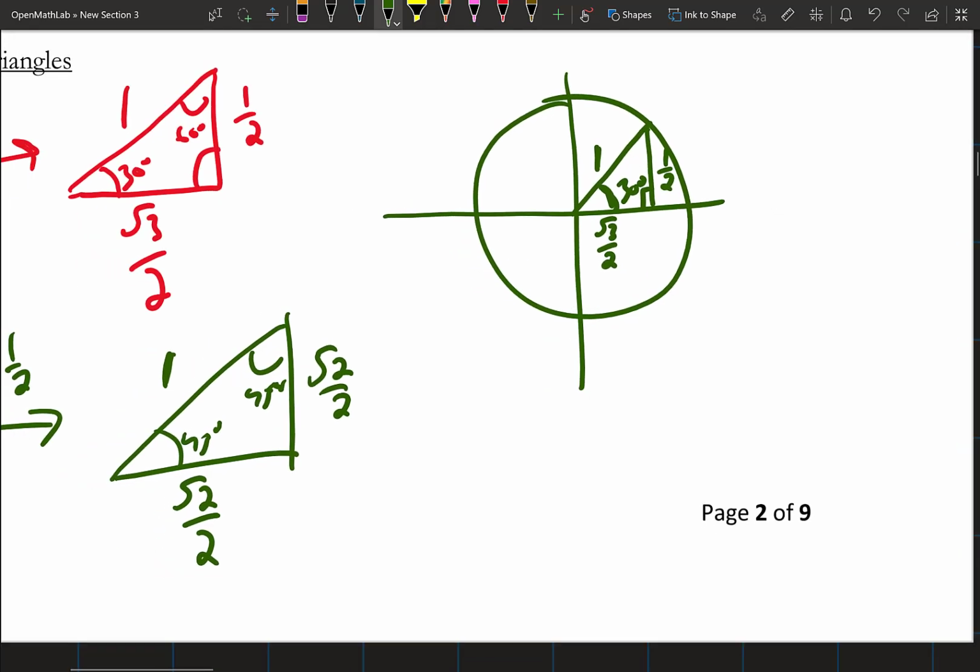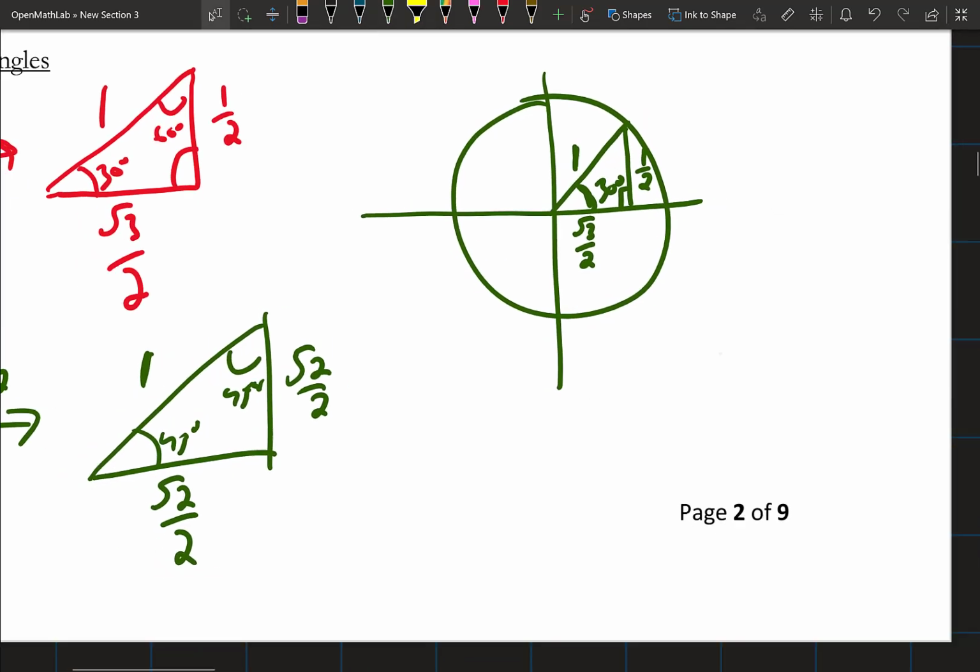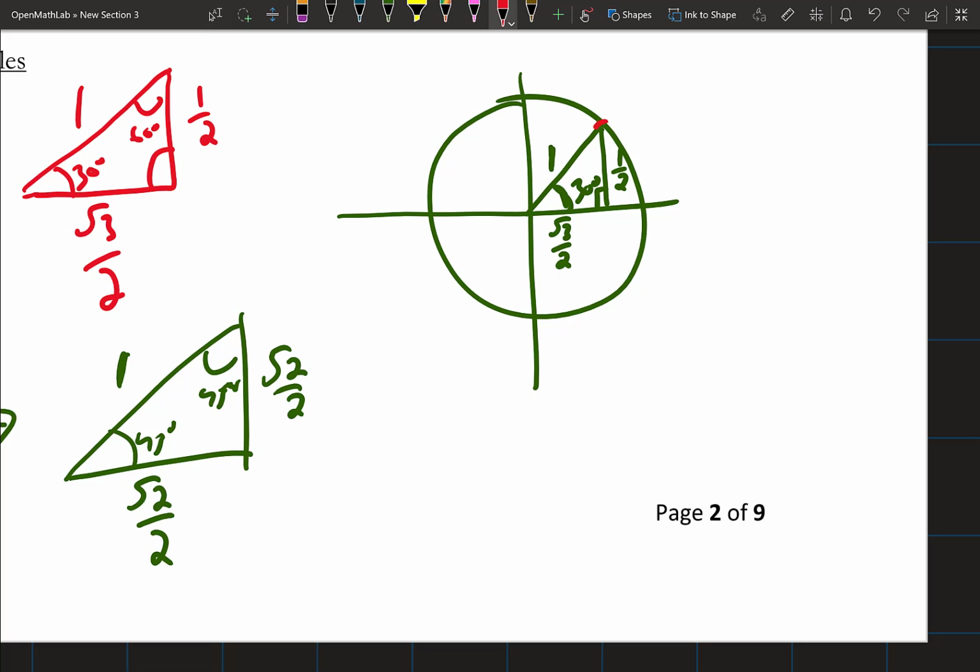Just pulling that from the triangle that we just worked with, right? So then if I want to figure out what this point P is, right, it's going to be my x-coordinate, which is going to be this guy, radical 3 over 2, and then comma y, which is the 1/2, right? So we can find the coordinates for point P of a 30, 60, 90 right triangle, right?